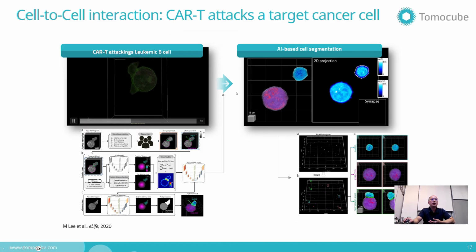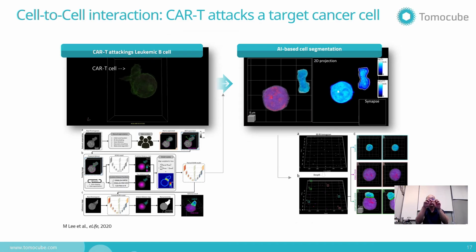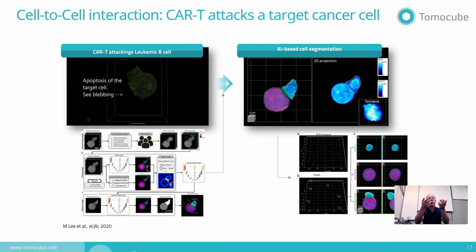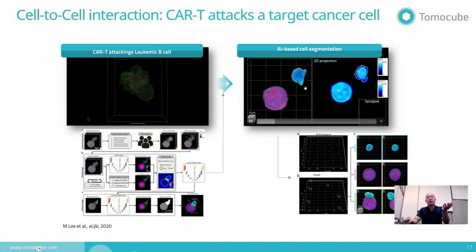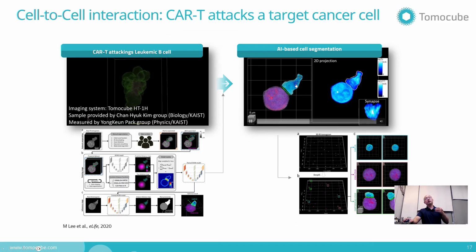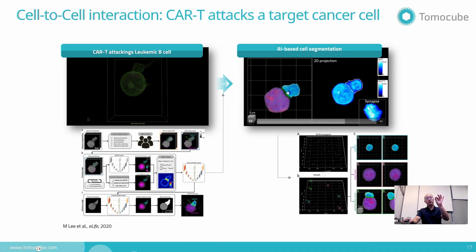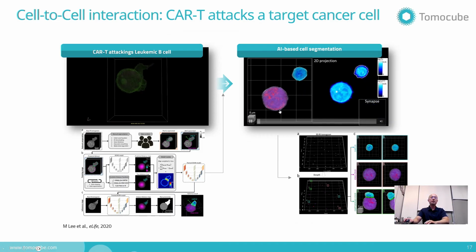By applying AI, we are able to segment out and perform pseudo coloring to show which one is the effector cell and which one is the target cell. Again, the samples are label-free, but we have used artificial neural networks to segment out which one is the immune cell killing the cancer cells, and which one is the cancer cell.